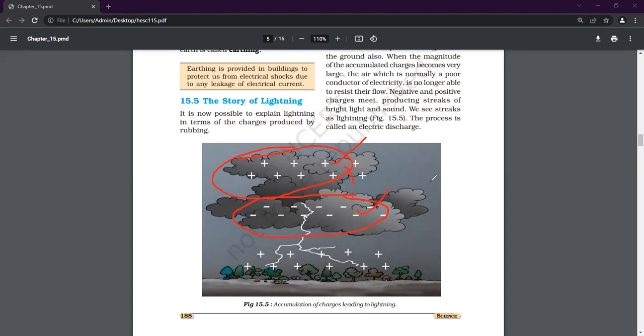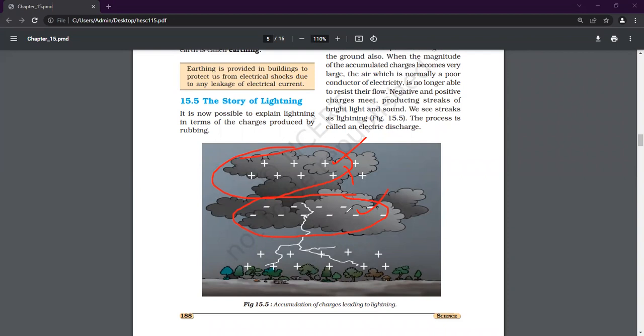When the two oppositely charged come close to each other, the phenomenon of discharging takes place. And during the discharging process, the release of energy is there. Energy release होती है. And if the energy is released in the form of light and sound, this process is known as lightning. इसी को हम क्या बोलते हैं? Lightning बोलते हैं. ठीक है.